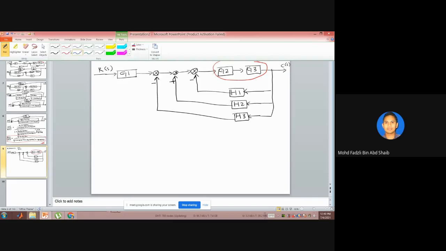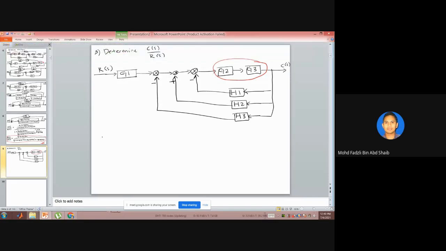So now we have G2 times G3. Okay, this one is very simple.